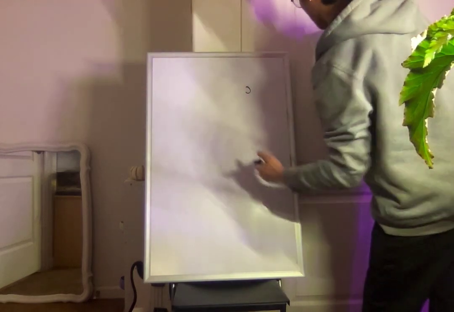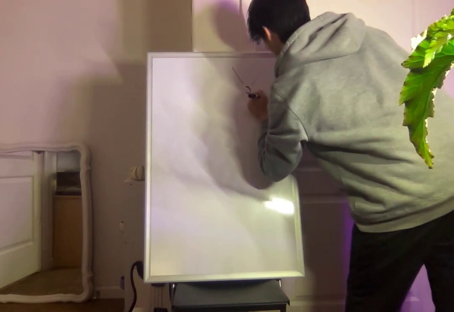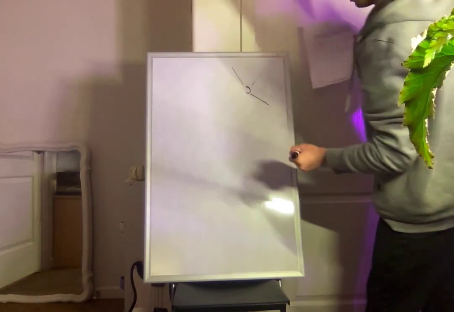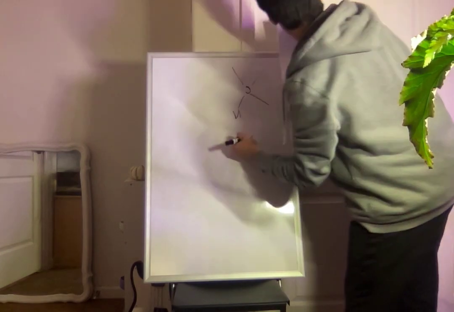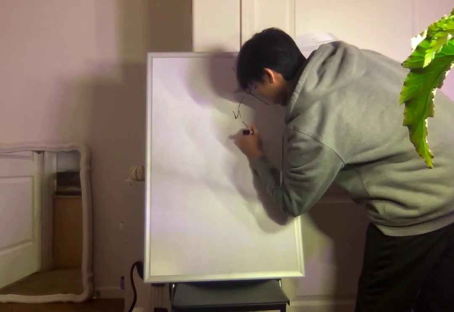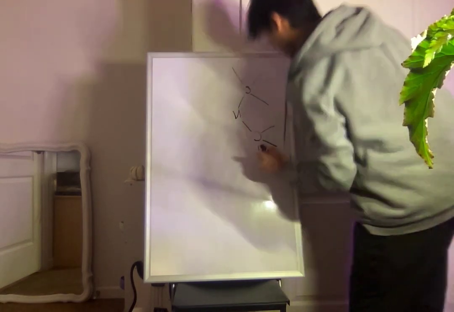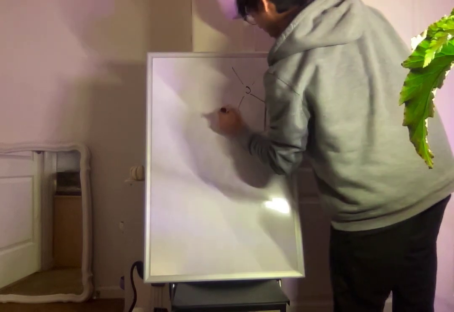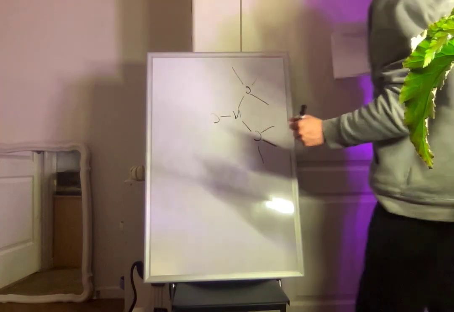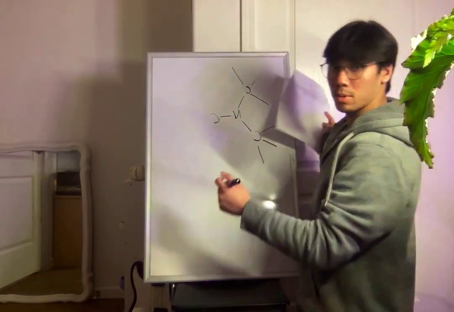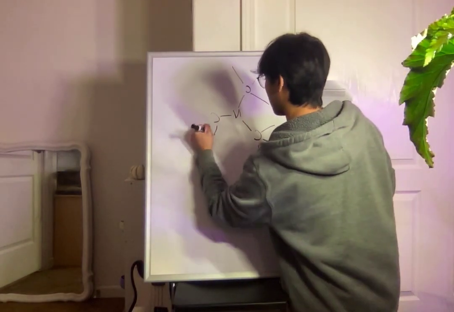It's got a carbon there, here are some hydrogens, and then connects to a nitrogen here, and then a carbon here, and 3 hydrogens, and a carbon, and there's going to be another carbon here.